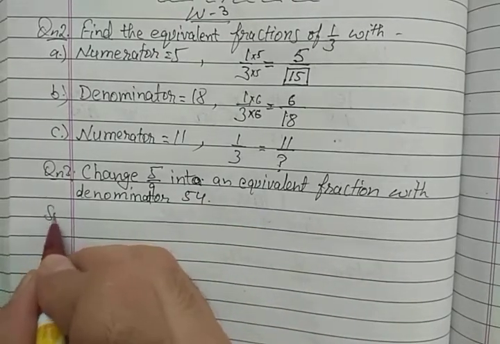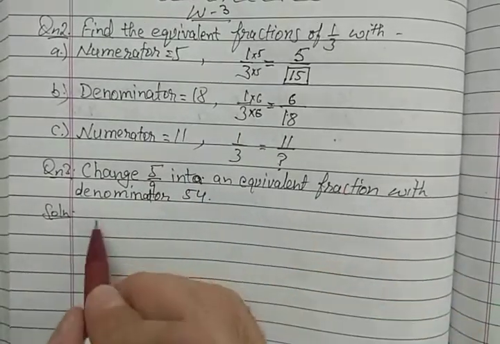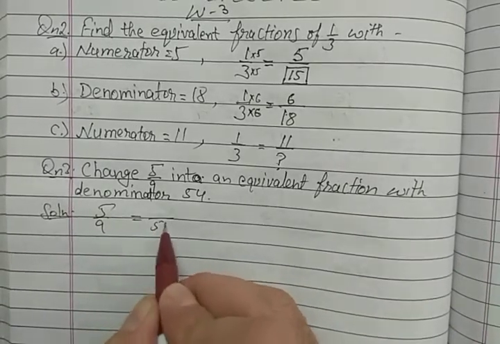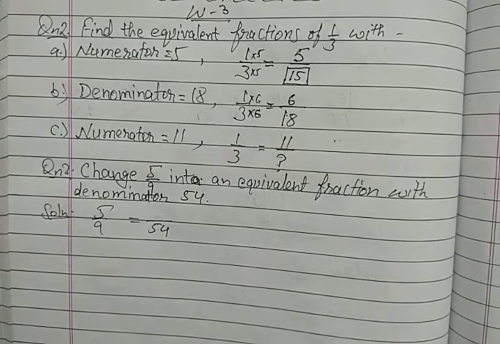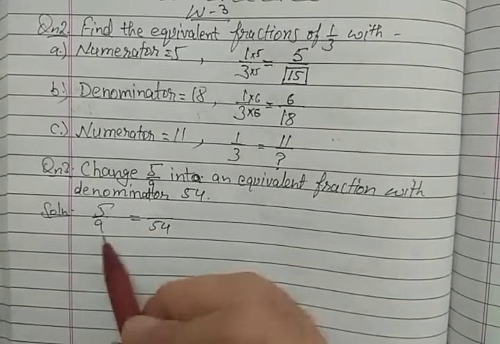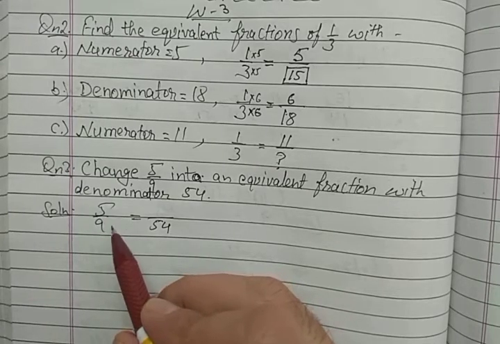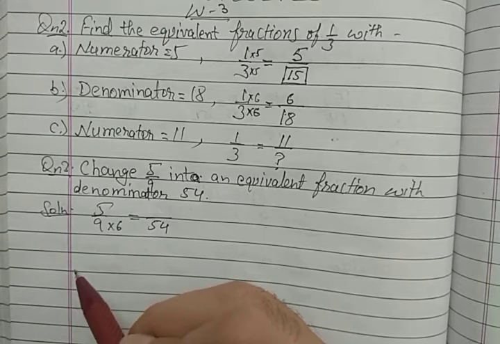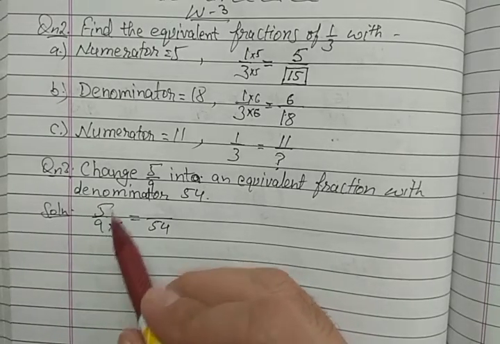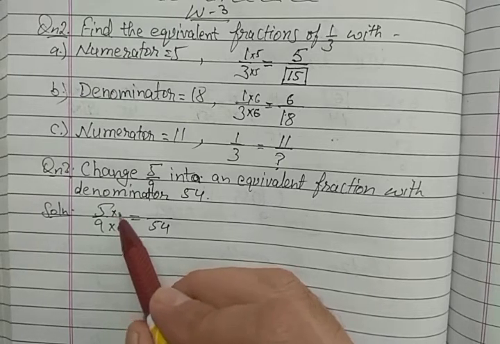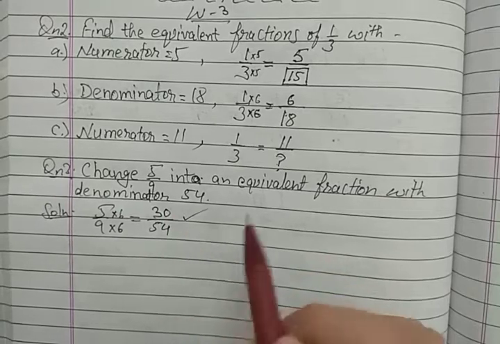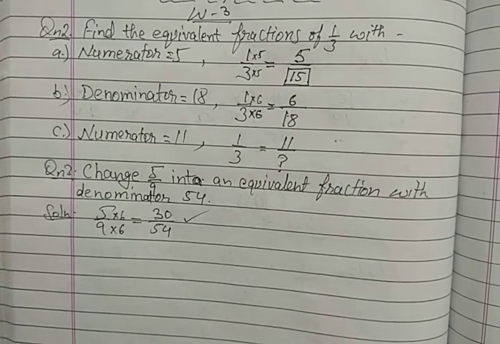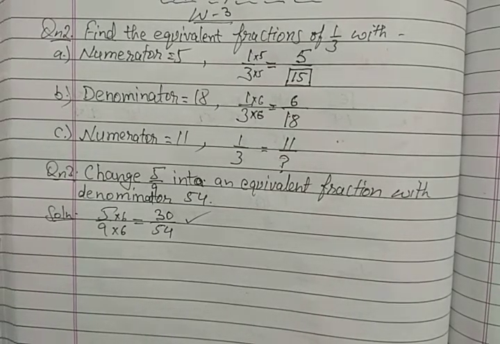So the given fraction is 5/9 and here the denominator is given, that is 54. So here the denominator is given, so we have to recite the table of the denominator. So recite the table of 9 till 54. So 9 6s are 54, and we have to multiply the numerator by the same number, that is 6. So 5 6s are 30. So this is the equivalent fraction of 5/9 with denominator 54. And the next question is also the same.